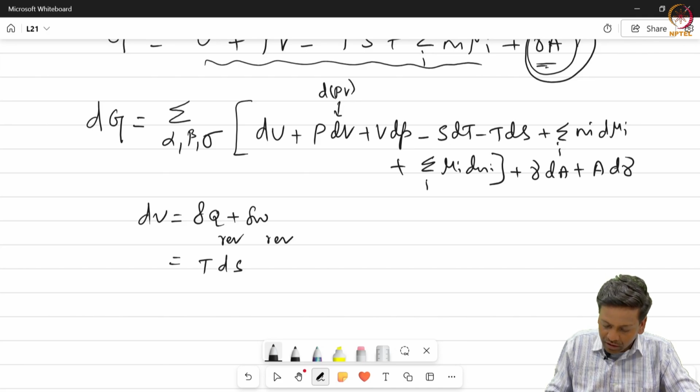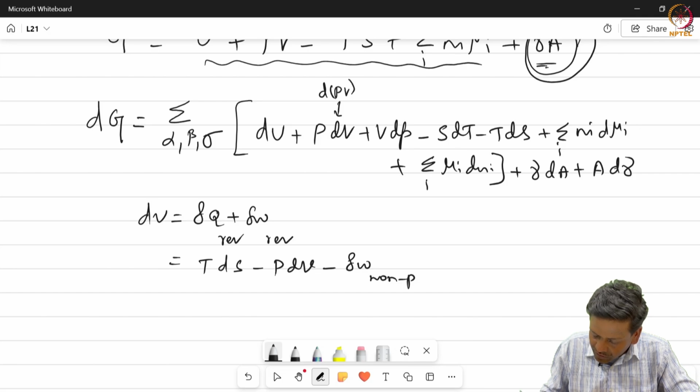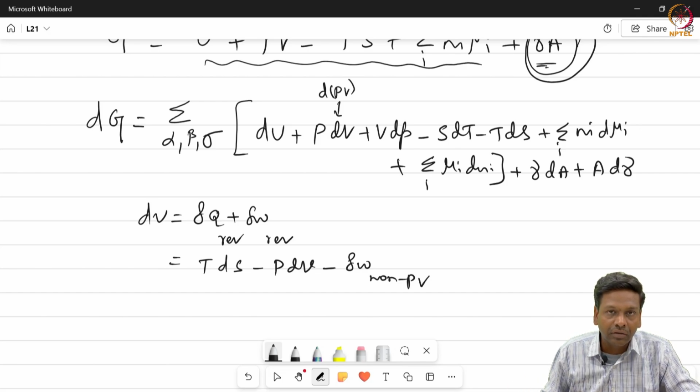And the work done for a reversible process is usually minus PdV. Additionally, you will also have work done associated with non-PV work. Non-PV work can be shaft work; surface tension is also a non-PV work.